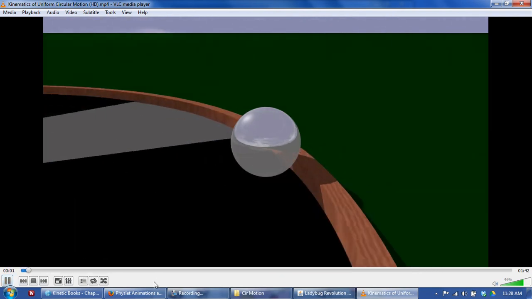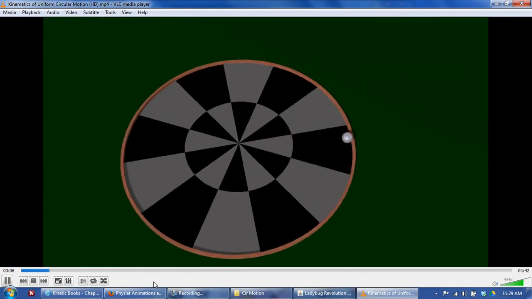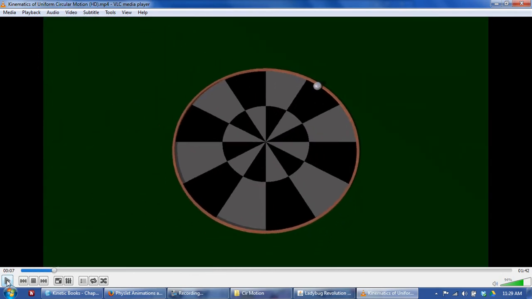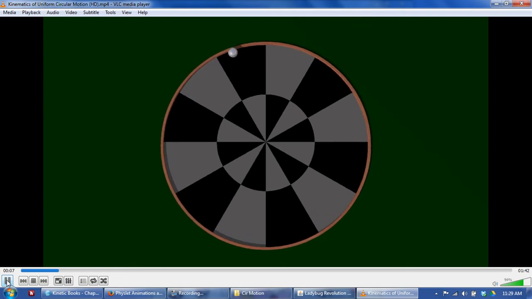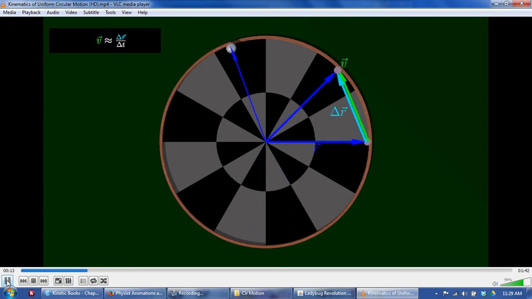In uniform circular motion, an object travels around a circle at a constant speed. So notice our speed is constant, but from this outside frame of reference, we're traveling in a circle. The velocity of the object is the rate of change of position with respect to time. This velocity can be estimated by examining the change in position over a short time interval.